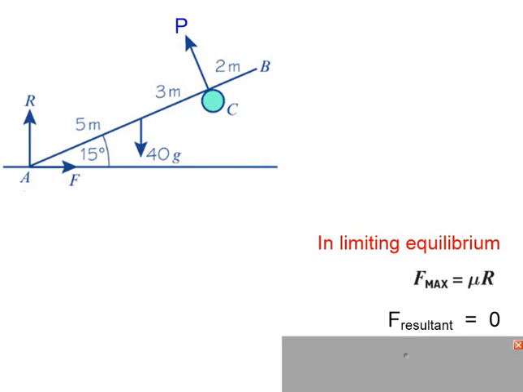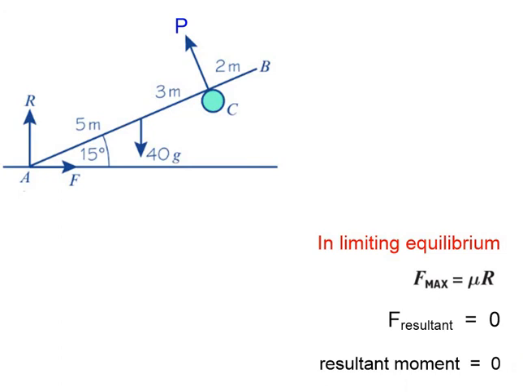and the resultant force in any direction, so if we resolve forces parallel or perpendicular to the incline or to the horizontal surface that the rod is resting on, the resultant force in any direction will be 0, and the resultant moment taken about any point, so about this point or this point or this point, will be 0.